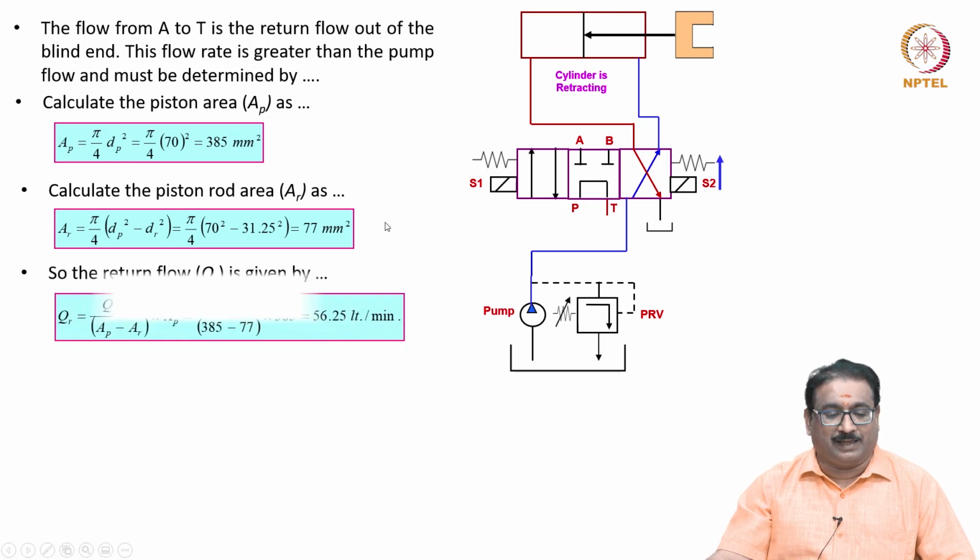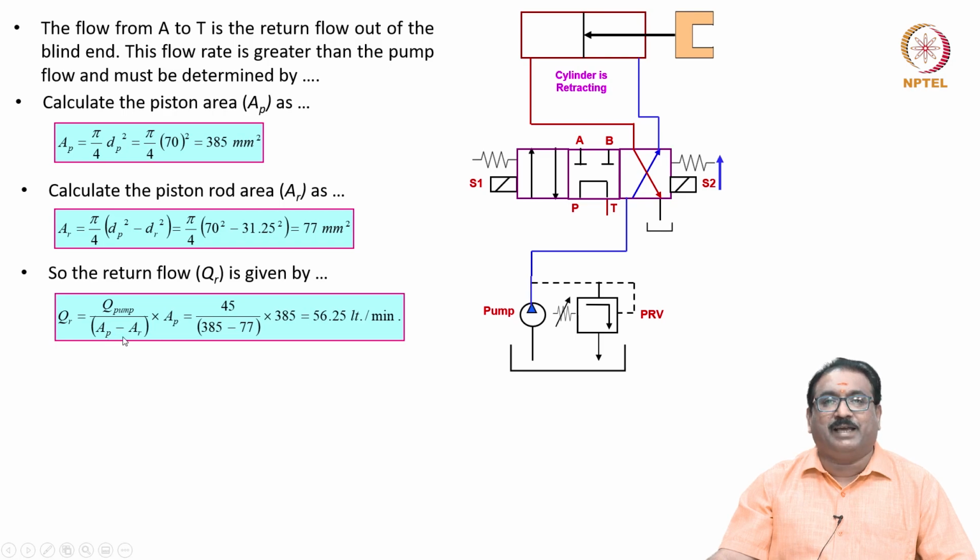Then the return flow is given by Q pump divided by AP minus AR into AP. Substitute all the values, I will get the return flow is 56.25 liters per minute. Using this, you have to find out the pressure drop.